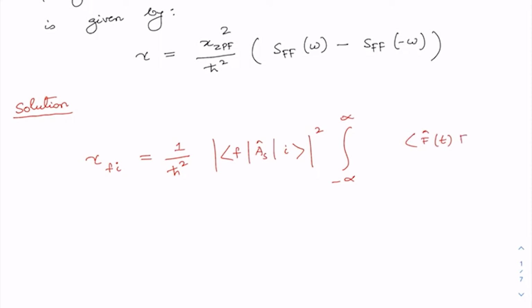These are the bath operators. The system is interacting with the bath via this operator F, and this is the Fourier transformation.